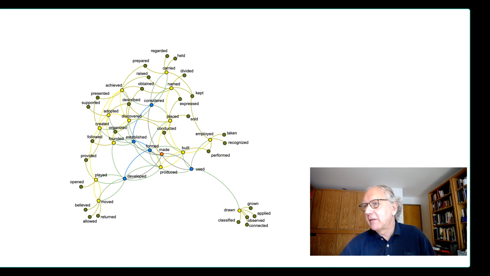As you extend from the core word made, and you look at the closest words formed and established, mostly their descendants form a kind of interconnected graph. But the words around drawn, which are close to used, don't hook up with the rest. There's more to think about with geometry and topologies like this.